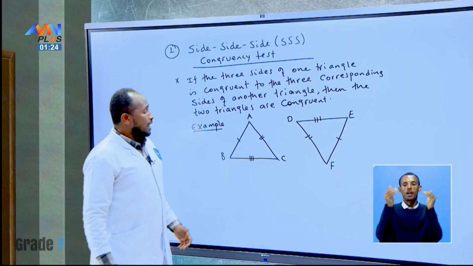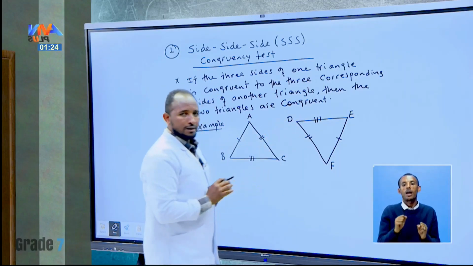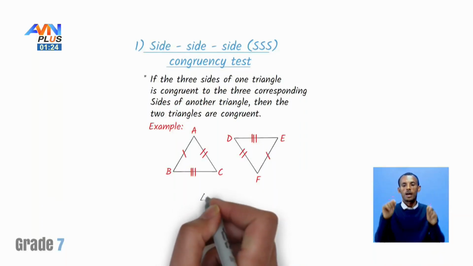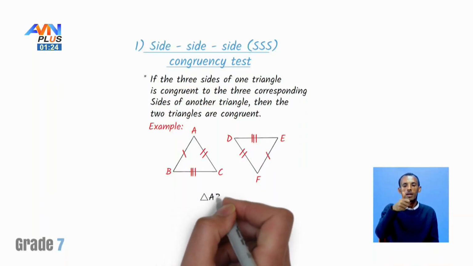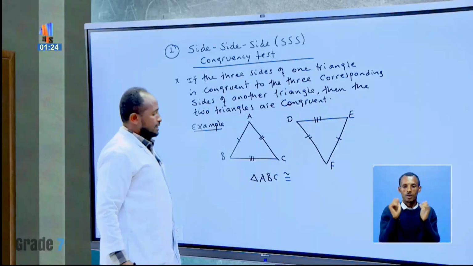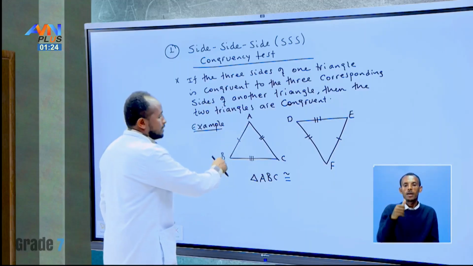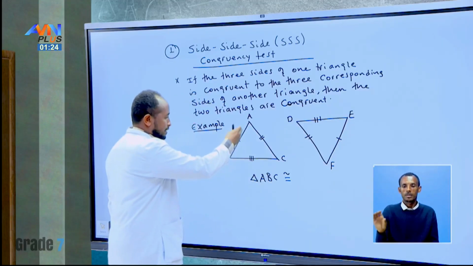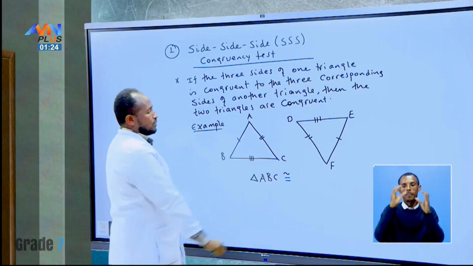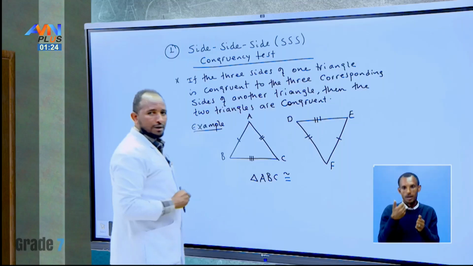So now in what order can we fit this triangle on this one? Let's write that. Triangle ABC is congruent to triangle. Look, this one, A, B, and then C. From one mark, then you proceed to this part. So you have to write the order in the same manner for this one.